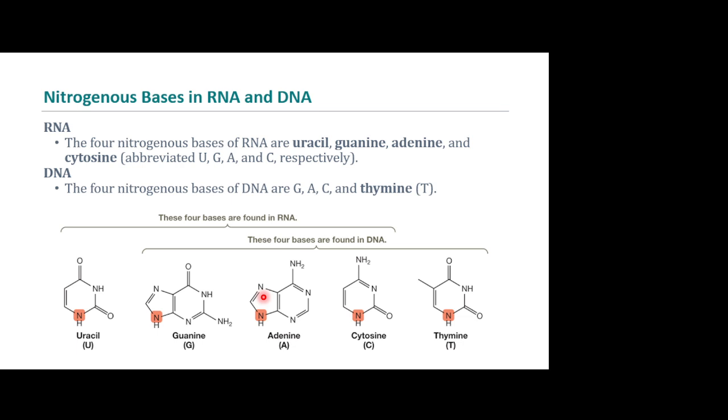There are four nitrogenous bases of RNA. There's uracil, guanine, adenine, and cytosine. These are abbreviated, obviously, U, G, A, C, respectively. DNA then has G, A, C, and it has thymine instead of the uracil. Okay. And so your nitrogenous base actually does change for U and T between DNA and RNA.